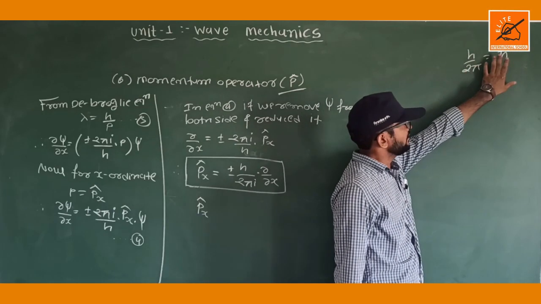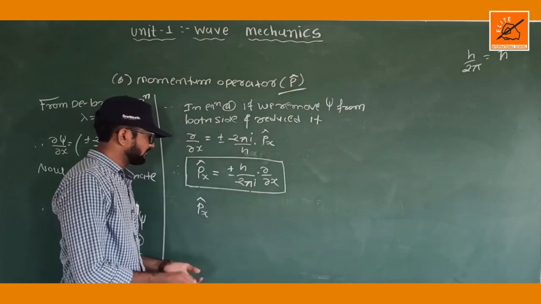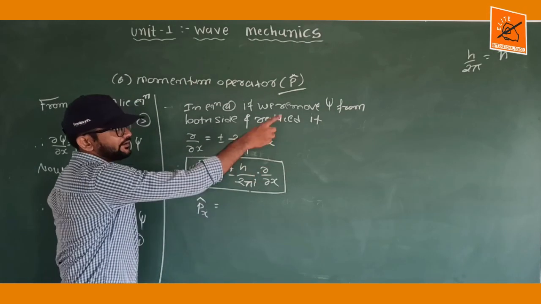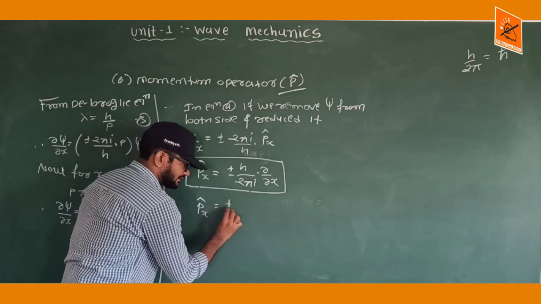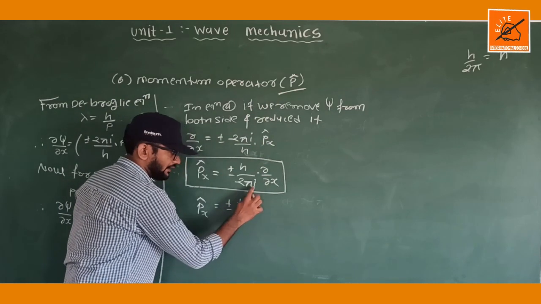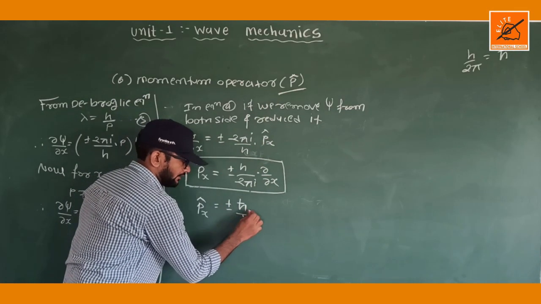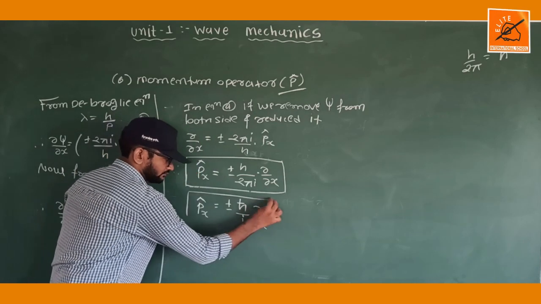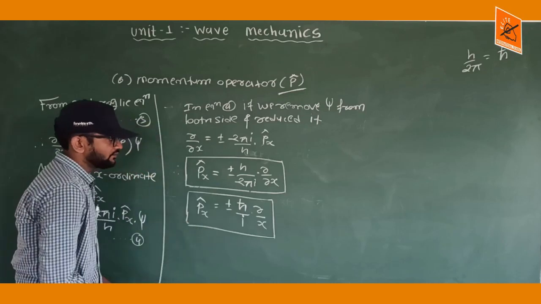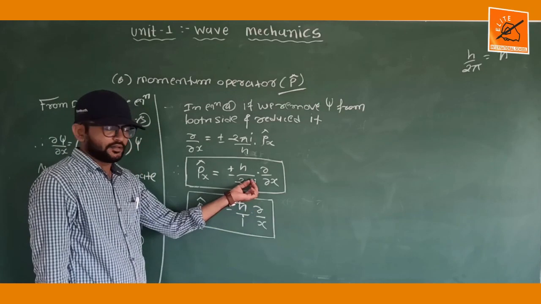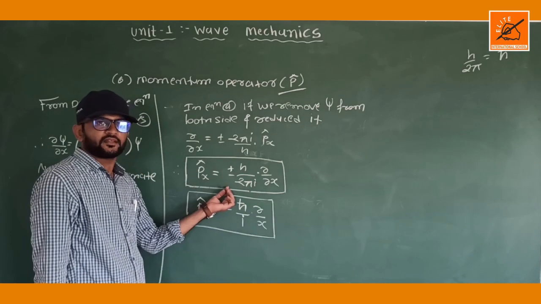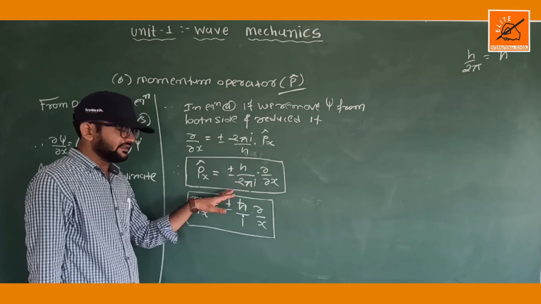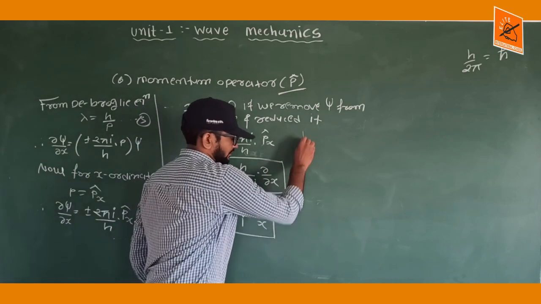So this equation will become plus or minus h cut upon i into d by dx. So these two equations are the momentum operator along the x direction, and similarly in the y direction as well as in the z direction.